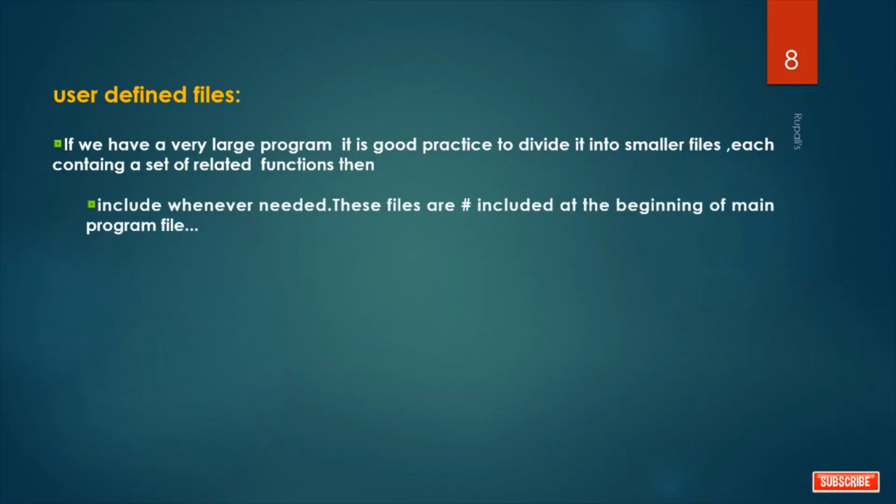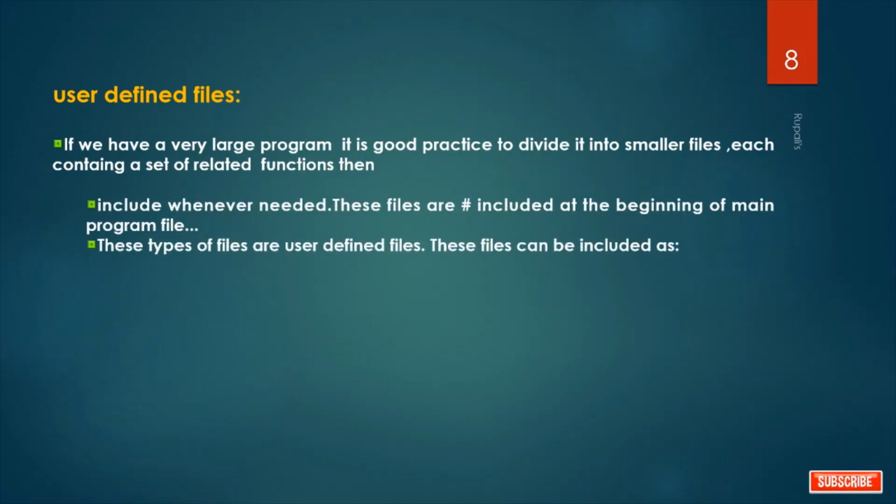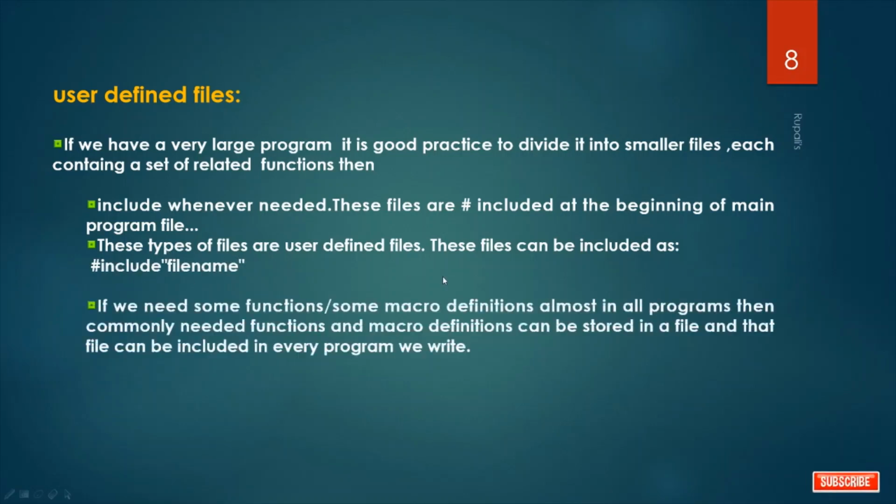These files are hash included at the beginning of the main program file. These files can be included by writing hash include, then within double quotes the file name. This type of file is a user defined file.